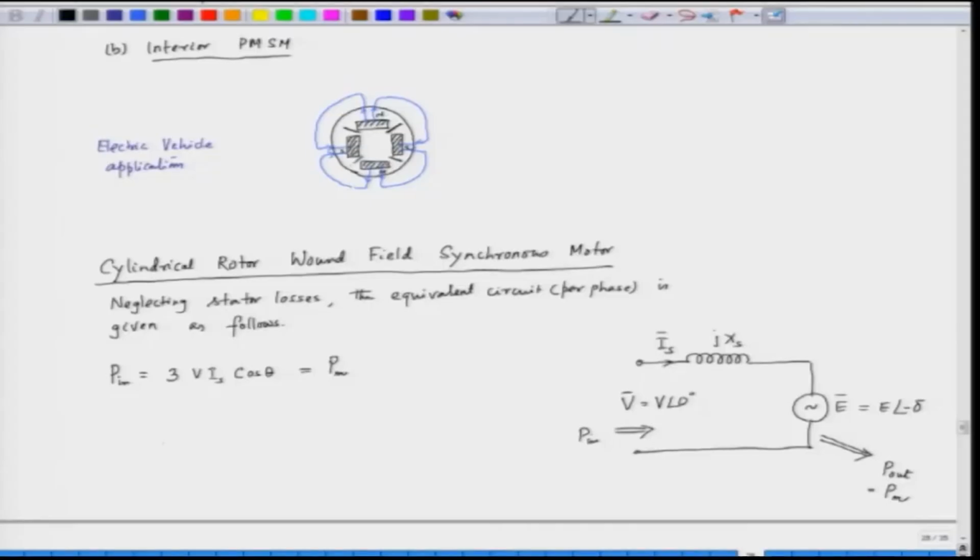Now, we can also draw the phasor diagram for this circuit. When we draw the phasor diagram, we have to write down the vector equation. Now, we have an applied voltage here, and we have the current, and we have the induced EMF.